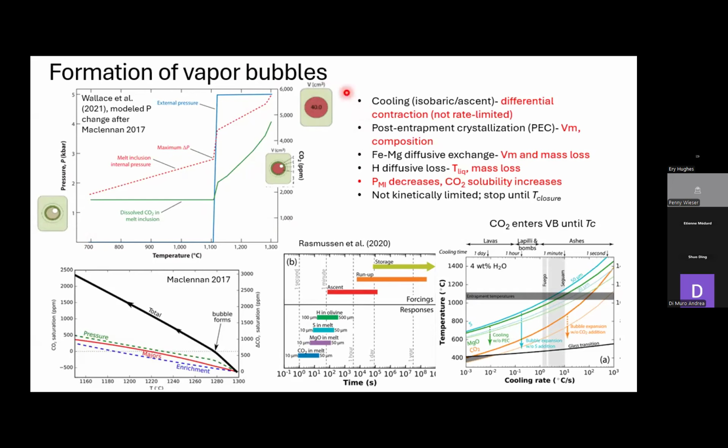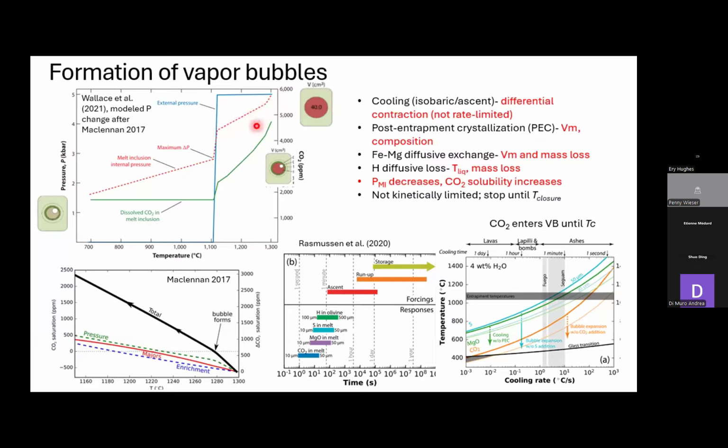In olivine-hosted melt inclusions, the inclusion could also exchange iron and magnesium with the host crystal, and lose water through hydrogen diffusion. Overall, these processes result in a decrease of the internal pressure of the melt inclusion, shown in this red dashed line.